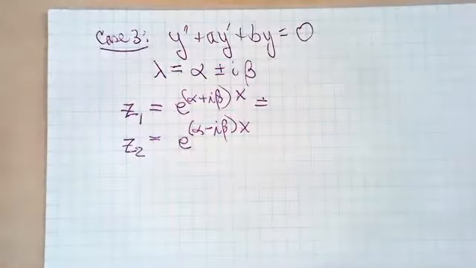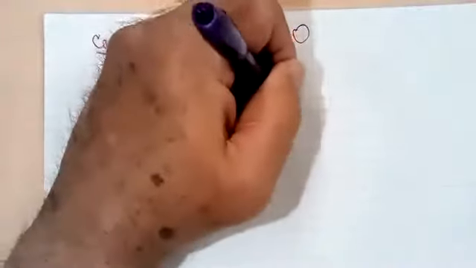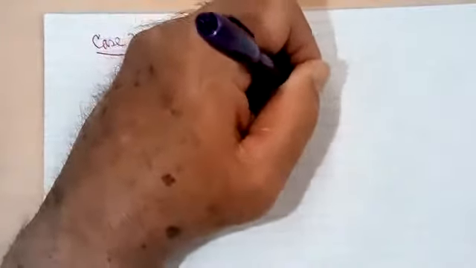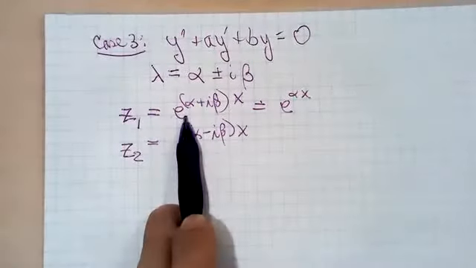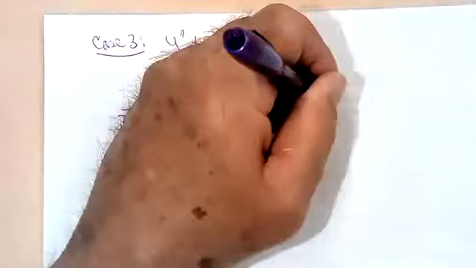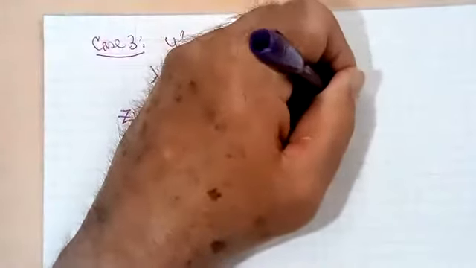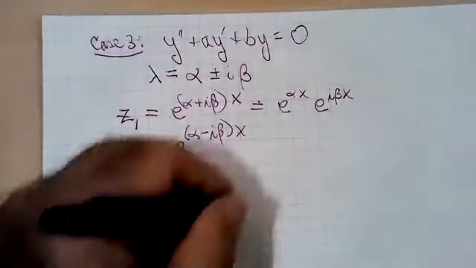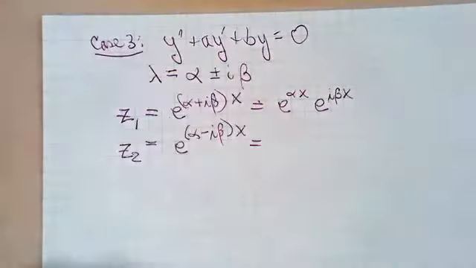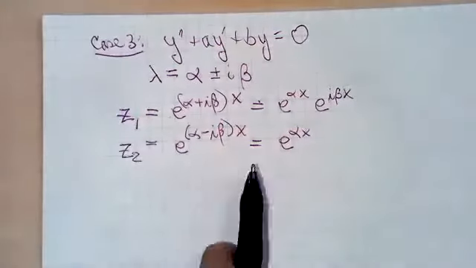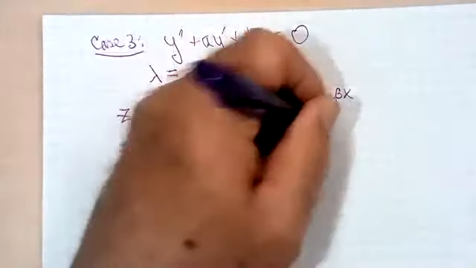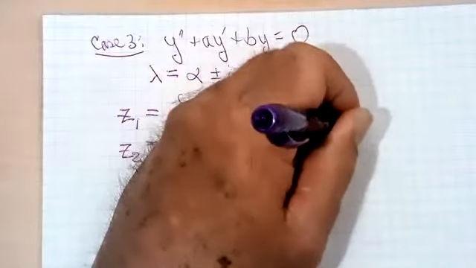You can split those two things up with the same base. So this is e to the alpha x times e to the i beta x. And this one, likewise, is e to the alpha x times e to the minus i beta x.